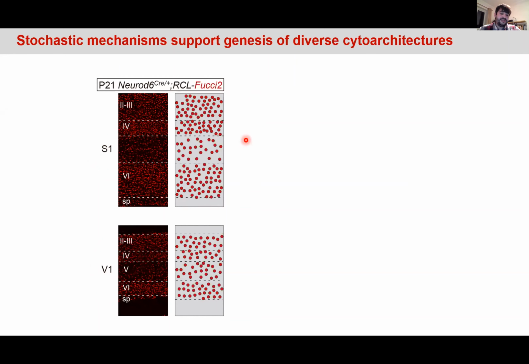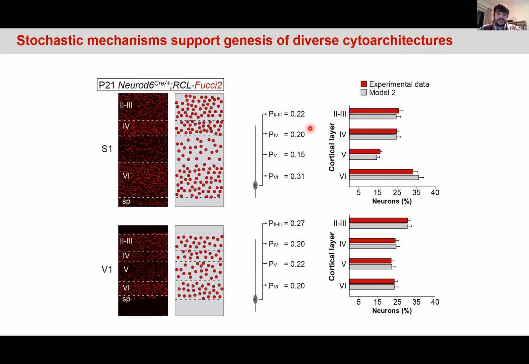So you can appreciate the differences in the ratios of cells or the different laminar identities, how they vary from one region to another. Then we use our models to check that with subtle tuning of the probability values that we implemented in those, we were able to reproduce the laminar fractions of cells that define these different cortical regions.